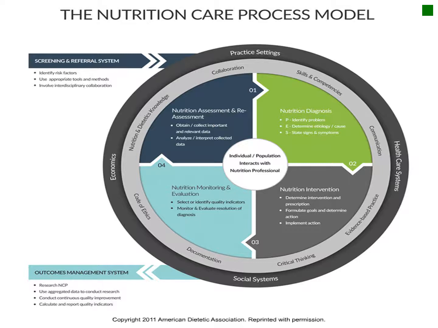So the final phase of the nutrition care process is the nutrition monitoring and evaluation. So following our intervention and the goals that we set, we're going to monitor and evaluate our care plan. So this is when the RDN determines if the treatment or interventions are working and if the established goals have been achieved.